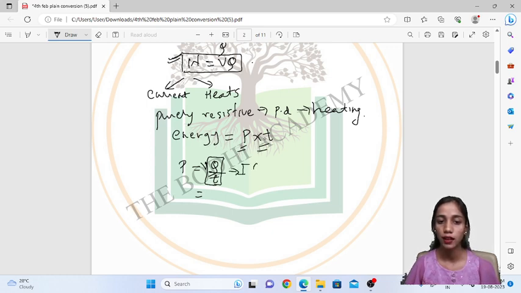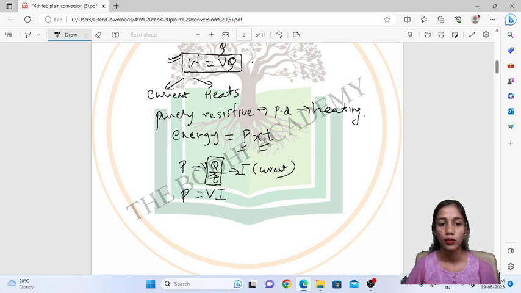I, that is current, right? Current. So this formula will be V into I. Okay, so the power formula is V into I.